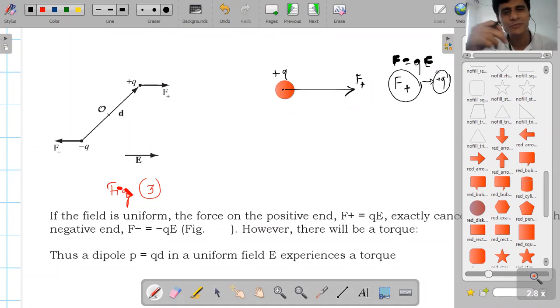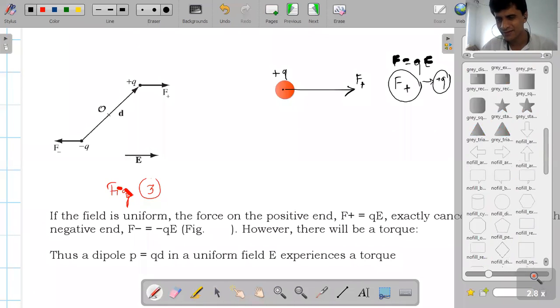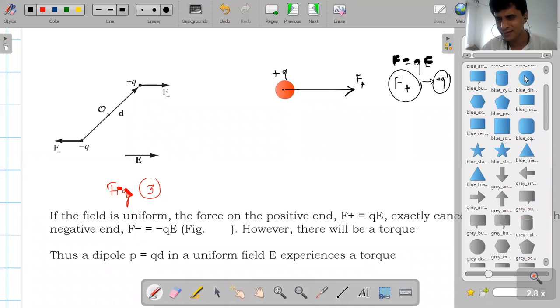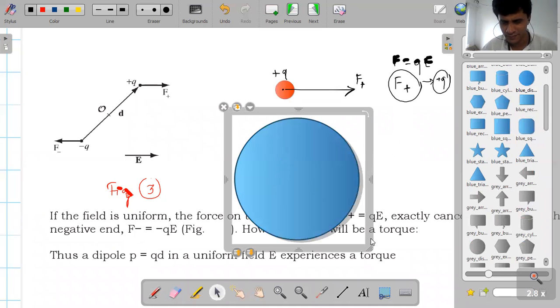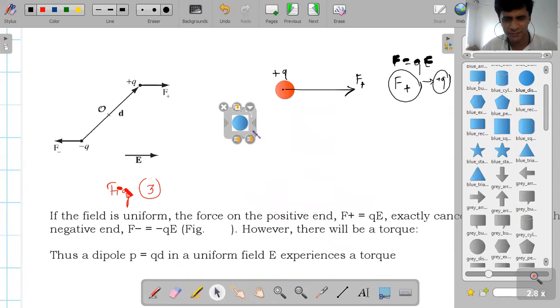I'll take one more charge, with negative sign. See how to draw this diagram. I will take one more charge.